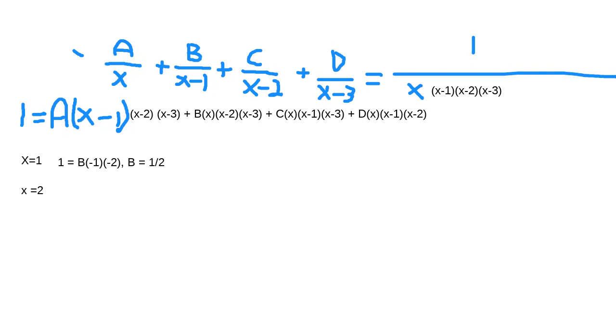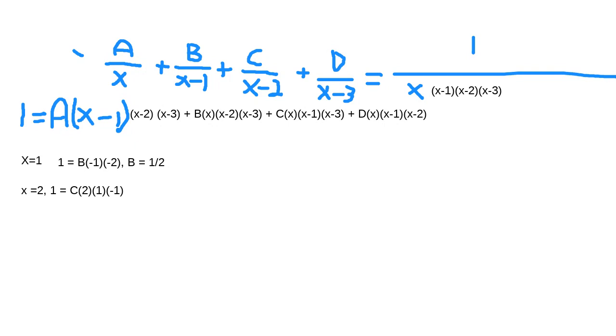Really, this works. So now we plug in x equals 2. We get 1 equals, the a term we get 0, the b term we get 0, so we are only left with the c term. The c term is c times 2, and 2 minus 1 we get 1, 2 minus 3 we get negative 1.